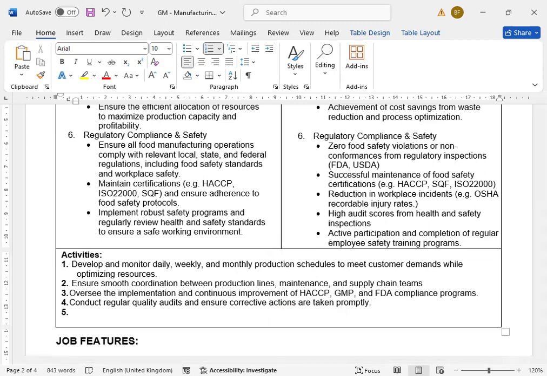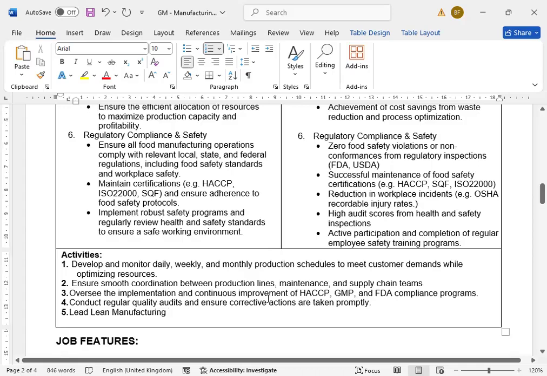Next would be lead lean manufacturing. This is important also in order for the manager to be able to reduce the cost, at the same time improve quality. Okay.